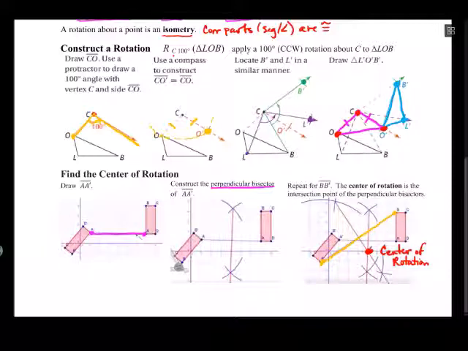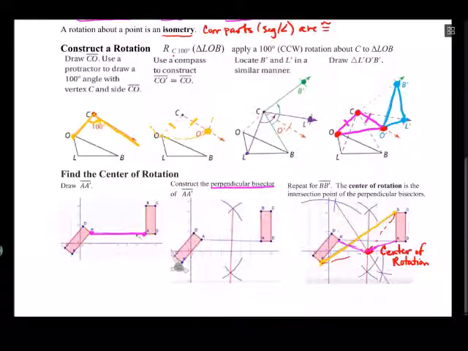So if you think about this point on our perpendicular bisector here, it is equidistant from those two image and pre-image points, and it's also equidistant from these two points, my image and pre-image points. And do you see the radii of our circle here?